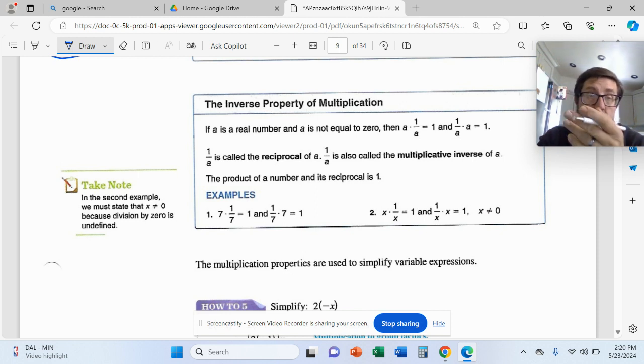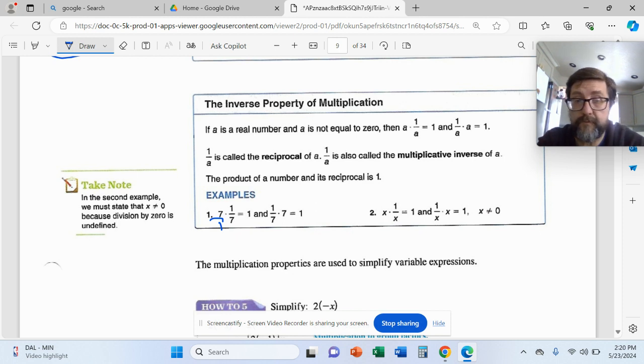And this could also be seen as 7 divided by 7 is 1. But when you divide, you multiply by the reciprocal. So this would be 7 over 7, which is 1 whole, because you have all parts of your fraction.